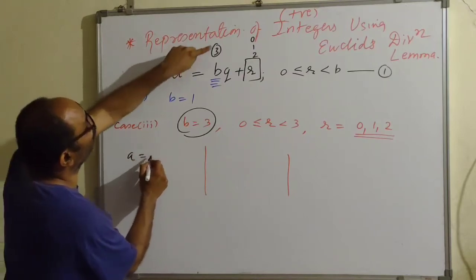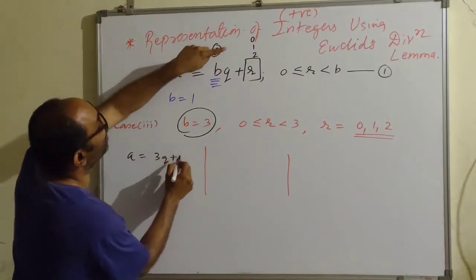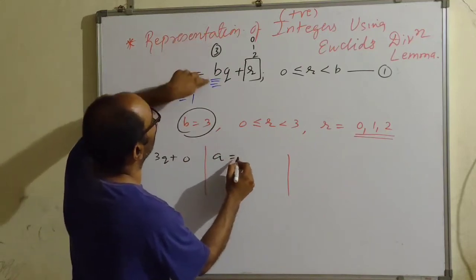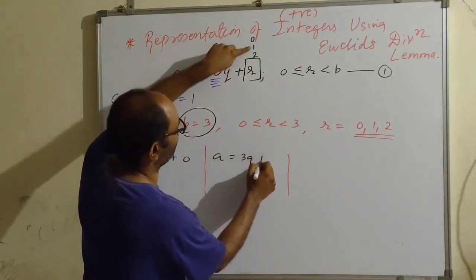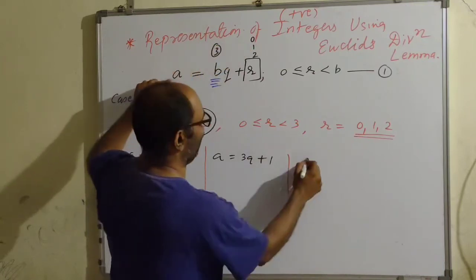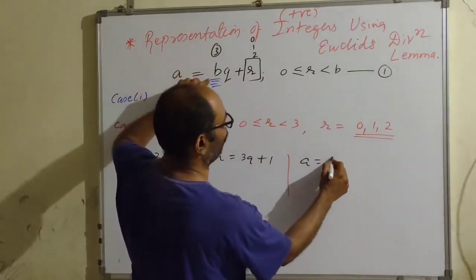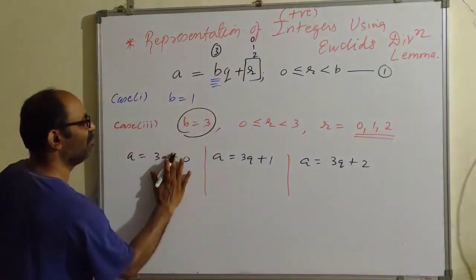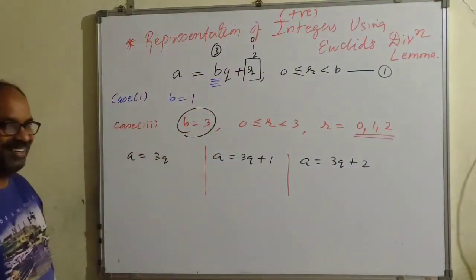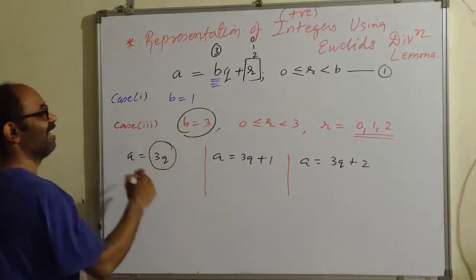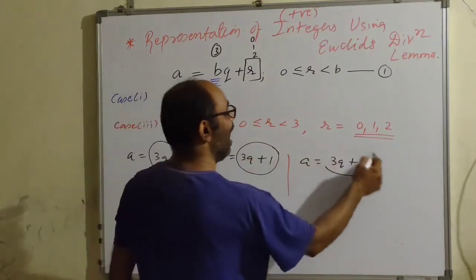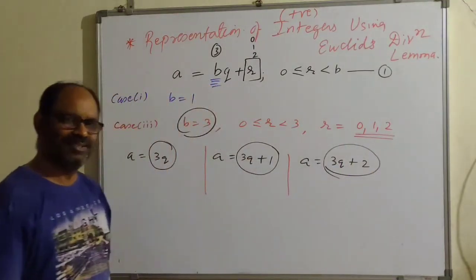A is equal to 3Q plus remainder 0 for the first time. Second time, A is equal to 3 into Q plus remainder 1. And third time, A is equal to 3Q plus 2. So any integer can be represented as 3Q, 3Q plus 1 and 3Q plus 2.